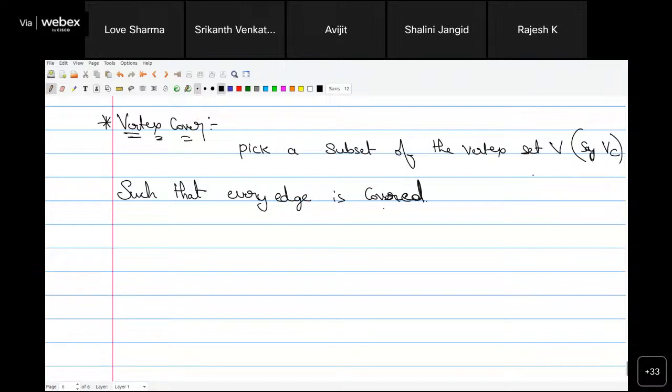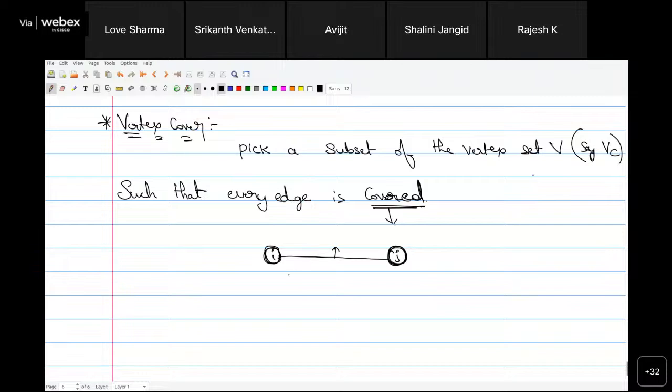What does covered mean? For every edge, there will be two vertices incident to it. If this is an edge in a graph, then the left end of the edge will be connected to one vertex and the right end will be connected to another vertex. So let's say I and J. So this is an edge between I and J.